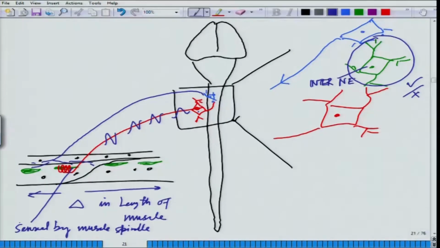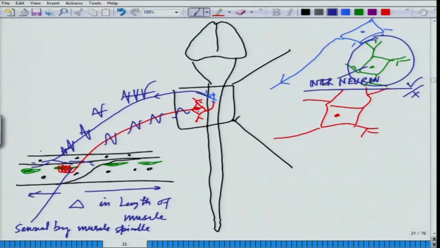Okay. And from this motor neuron, a train of signals is transmitted to the surrounding muscle, asking them to contract and get back to their original length.